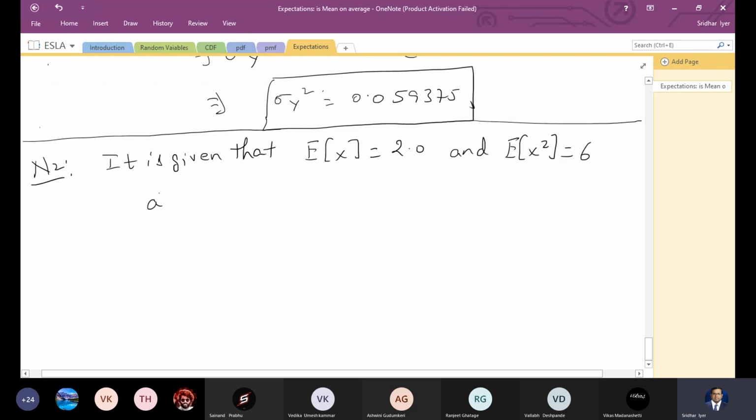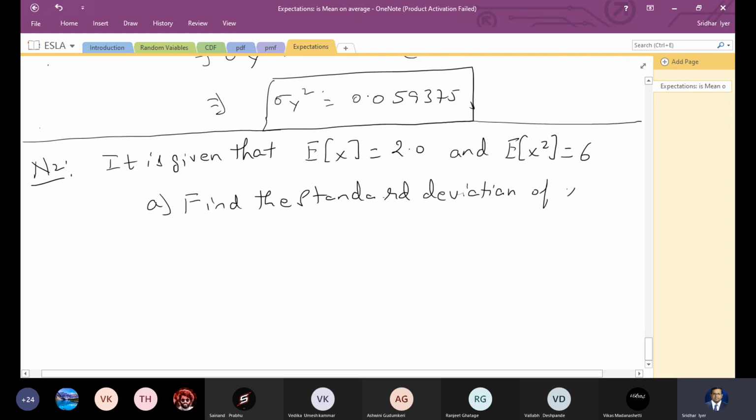The question is, find the standard deviation of x, and b, if y is 6x square plus 2x minus 13, find mu y. Find mu y.